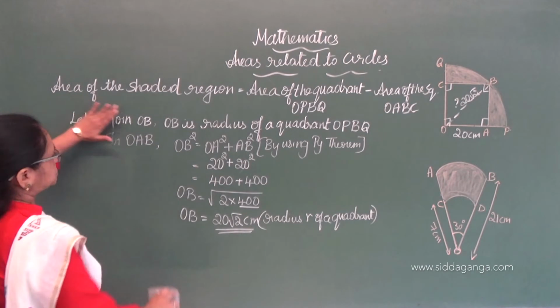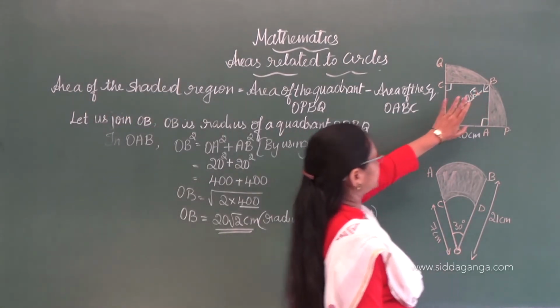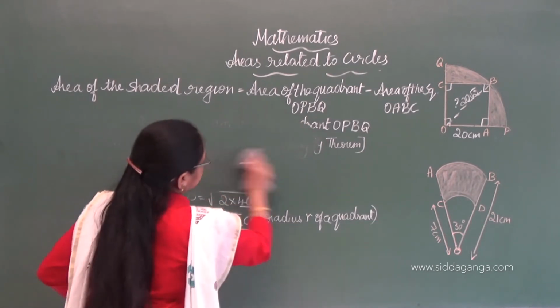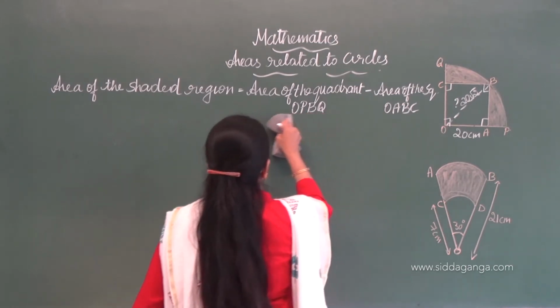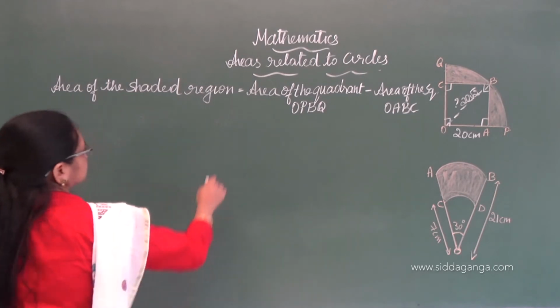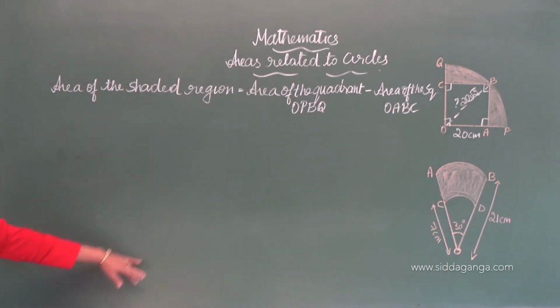So, this is extra steps you have to do and you have to find out OB. Now, once OB is found out, then you can apply the formula over there. Now, area of the quadrant. So, let us find out the area of the quadrant.